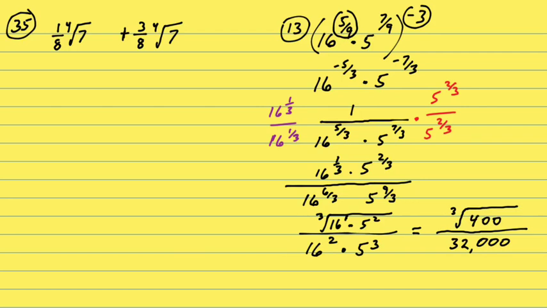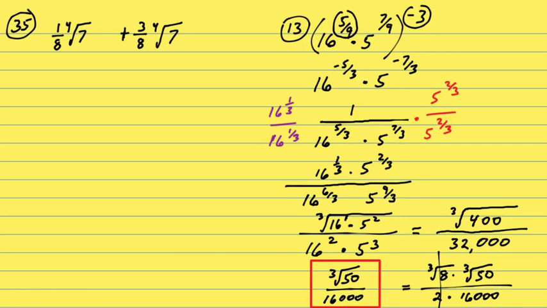Now I know that 8 goes into 400, and 8 has a 3rd root. So I could do the 3rd root of 8 times the 3rd root of 50 over 2 times, what would that be, 16,000? The 3rd root of 8 is 2. Those would cancel. And the answer they have is the 3rd root of 50 over 16,000.